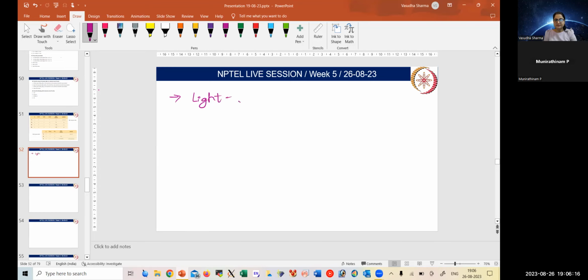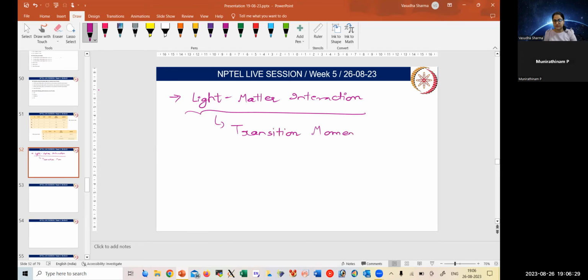we discussed the light matter interaction. In this one, we talked about the transition moment integral, which was nothing but, in layman's language, if I have an electron in a ground state, in a molecule, then, as you know, when there is no energy being absorbed by the electron, it will prefer to be in the ground state because that is highly populated and also the energy is very low.